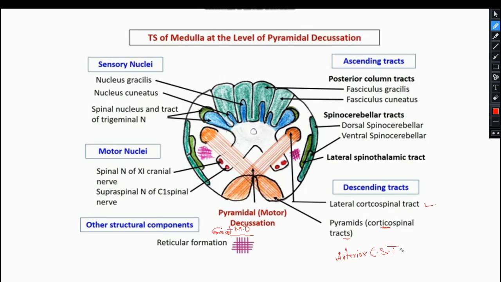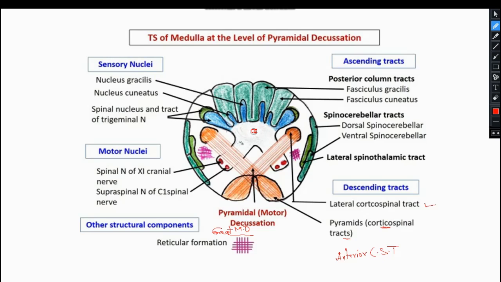Here we see the central gray matter, and this is the central canal. The central canal I am writing in short as CC. This is the central gray matter. It is somewhat butterfly in shape, and you can see the projections of the central gray matter.